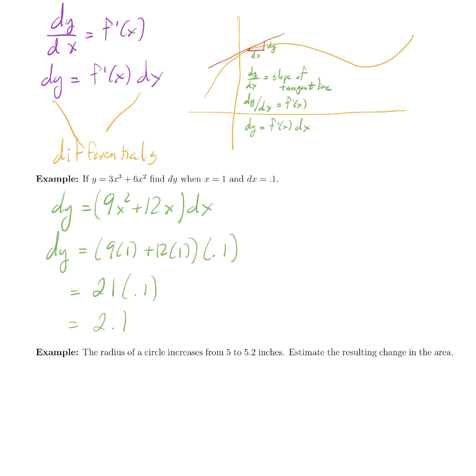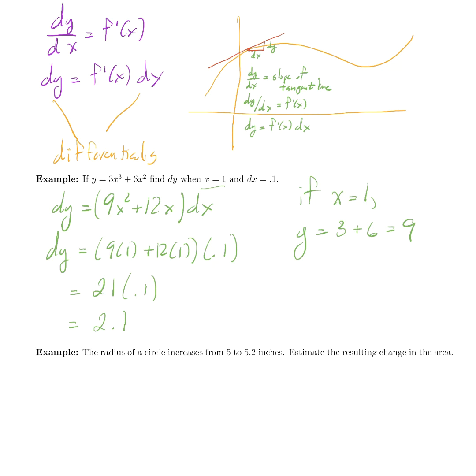What does that really mean? It means that a 0.1 unit change on the x-axis should result in a roughly 2.1 unit change on the y-axis when we're near x equals 1. So if x is 1, y is equal to 3 times 1 plus 6 times 1, or 9.